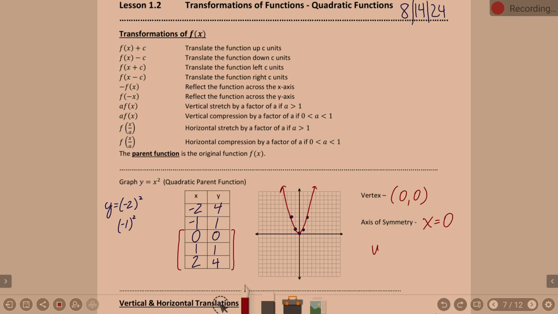We could also call it the y-axis. However, it's only the y-axis when it's centered. Once we move it left or right, it's no longer the y-axis, and so x equals 0. Okay, you got your basics for the parabola here, because we're going to keep reusing those points and that shape and everything.